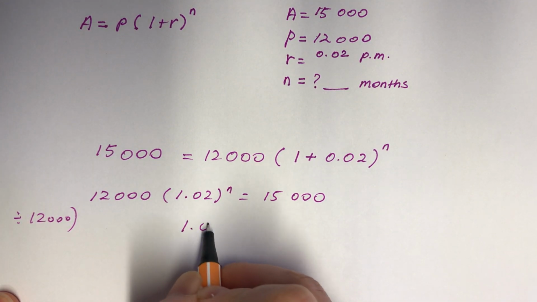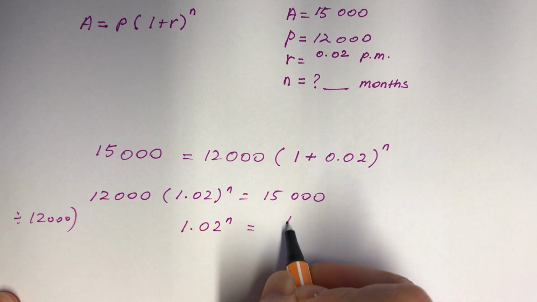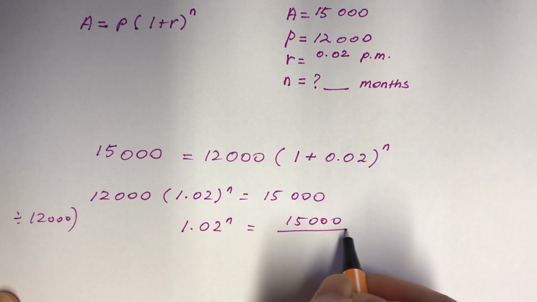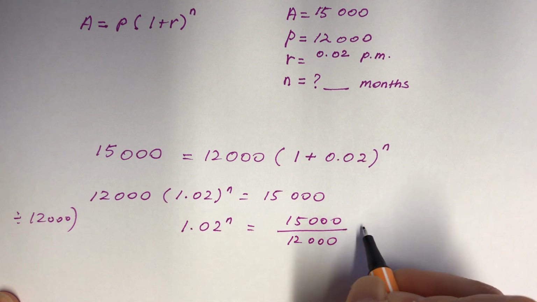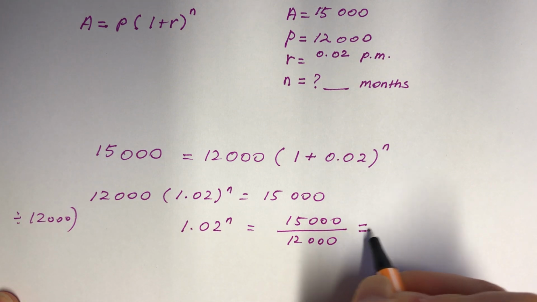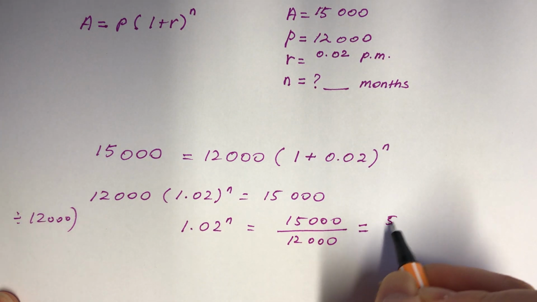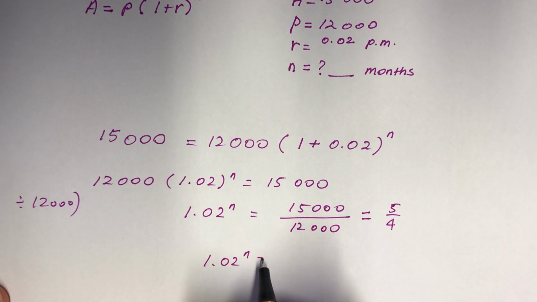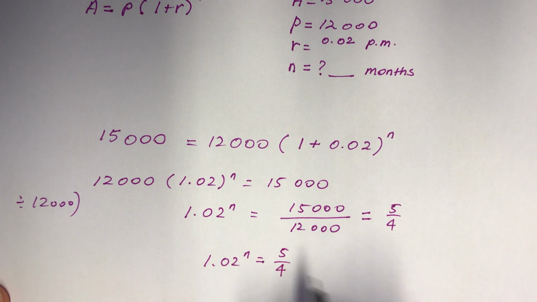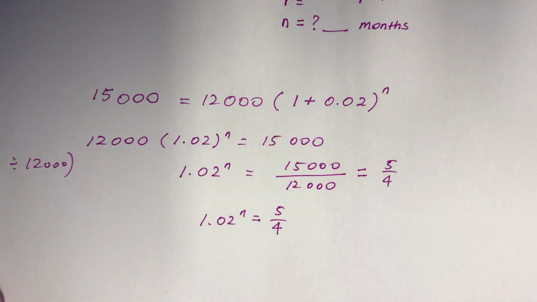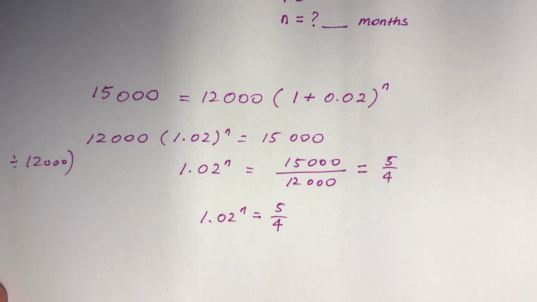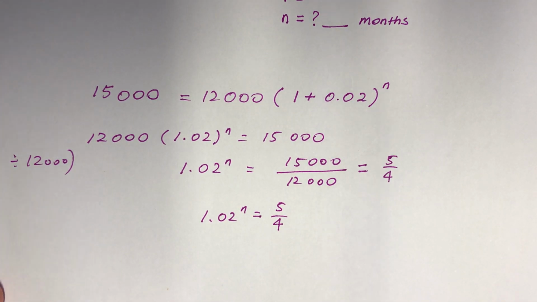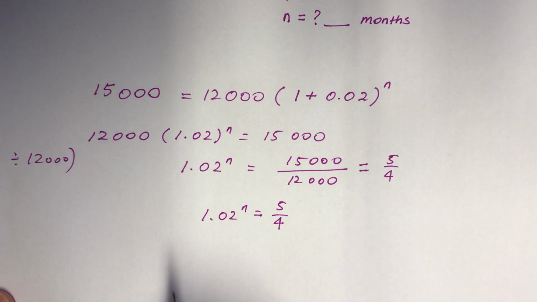So I've got 1.02 to the power of n equals 15,000 over 12,000, which is 5 over 4. Now this looks like we need to use log, isn't it? Because the power is n. By the way, log is all about power, okay? Indices.